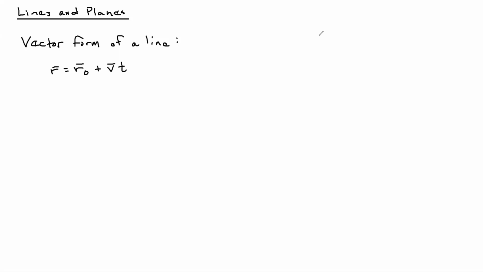So this is the vector form of a line, and it has some components here. It has what's called r naught, and you can think of r naught as an initial vector that terminates on the line.